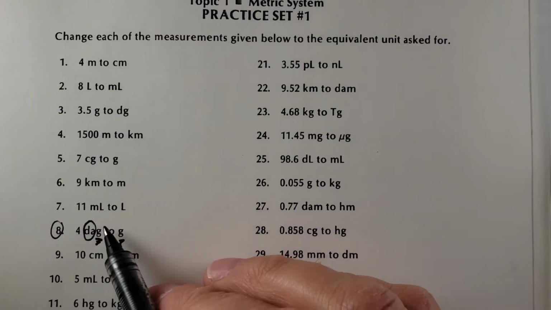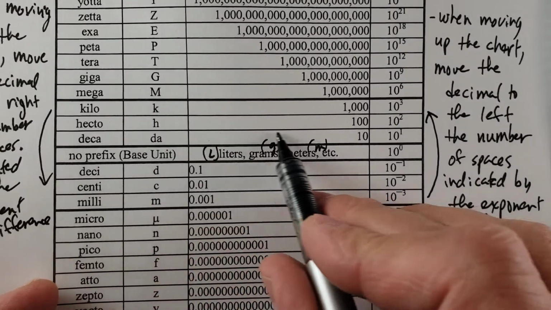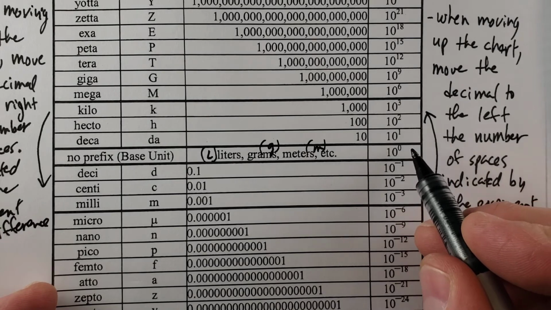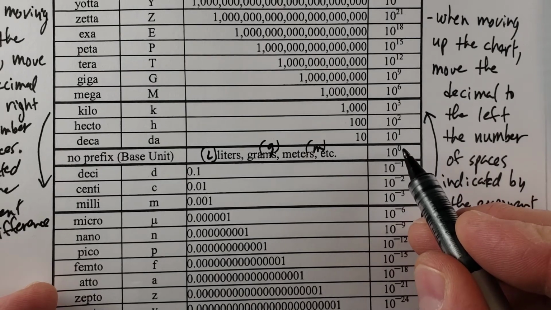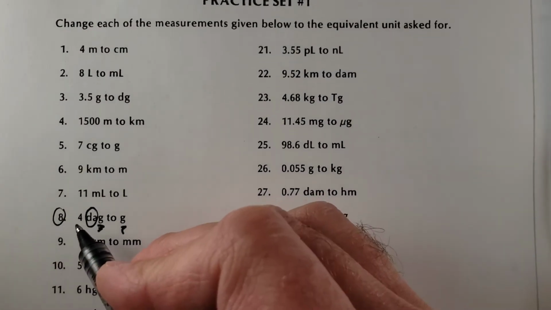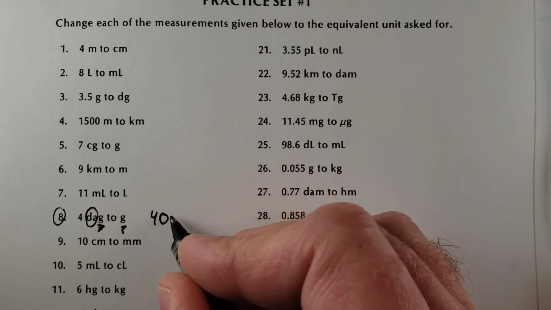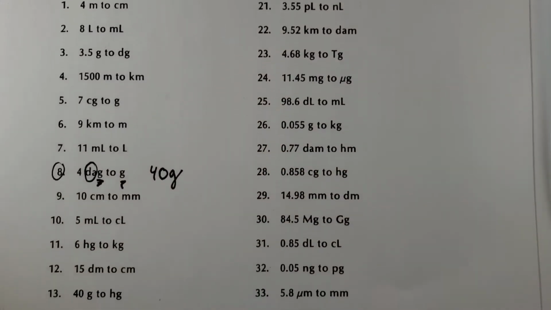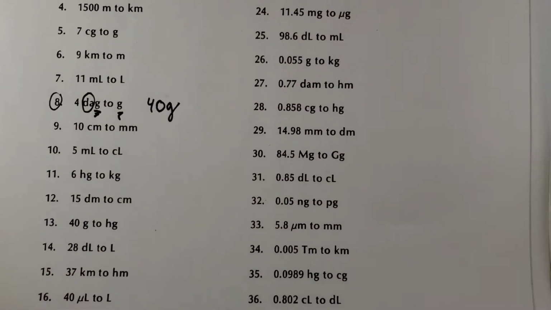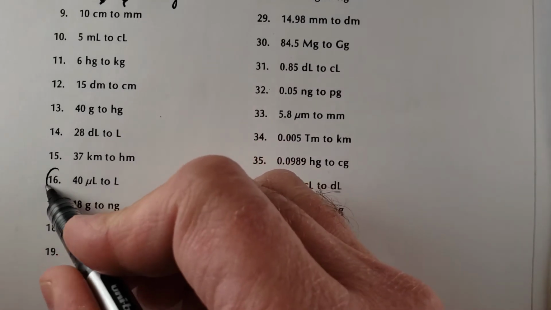So we're going from decagrams to grams. We're moving down the chart, and the difference in exponent is 1. So that means 4 becomes 40, and the decimal moves to the right by 1. 40 grams.